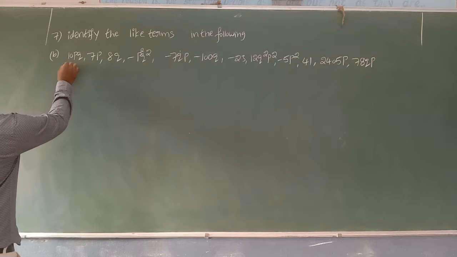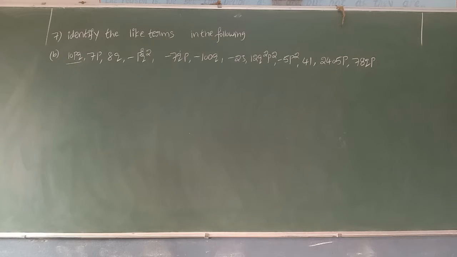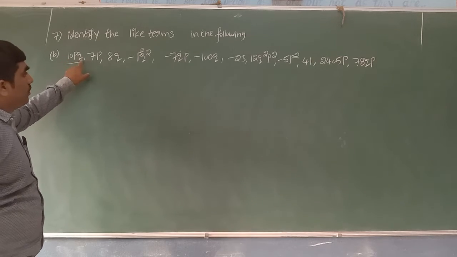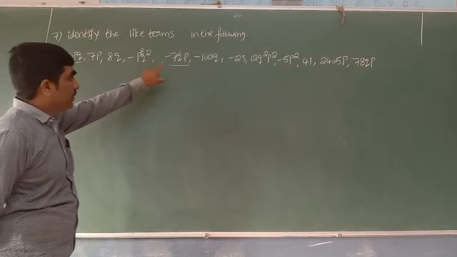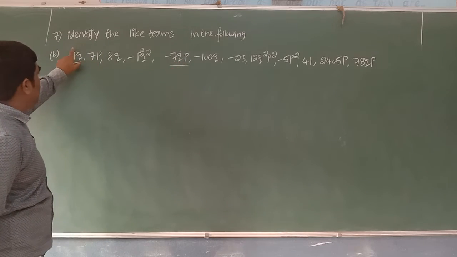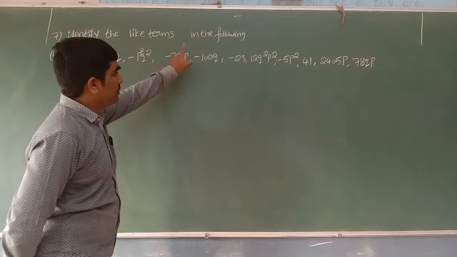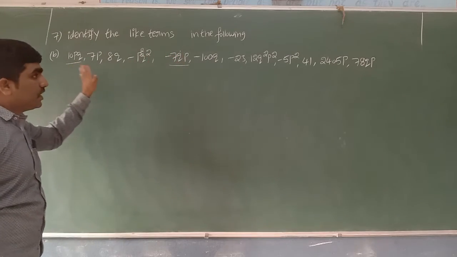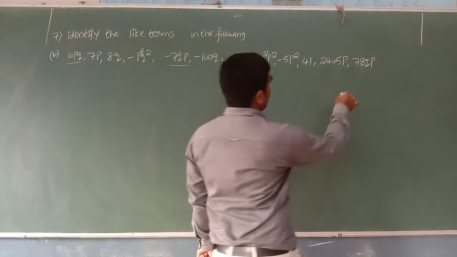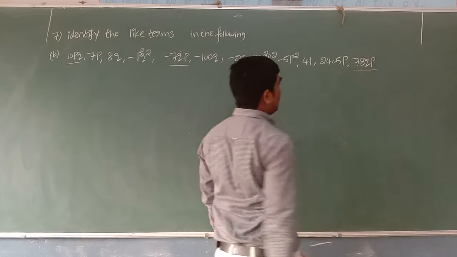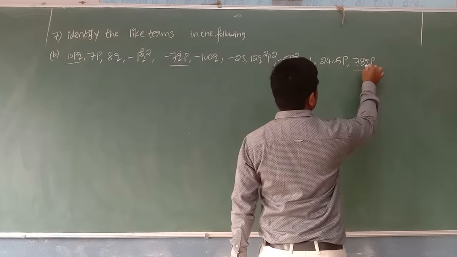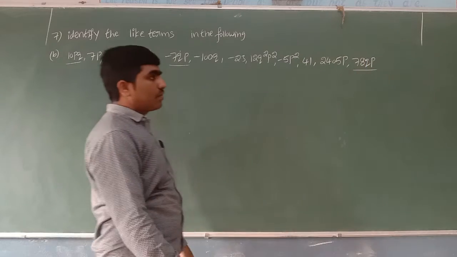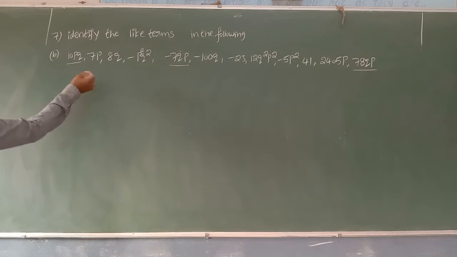10p cube is any term, like term 10p cube. pq we can write qp also, both correct only, beta. pq same variables and the powers are 1 1 1 1. These two are called like terms. Is any terms with pq? Yes, even here also you can see 78 qp. Sir, in that 78 qp also same variables with same powers. All these three are called like terms. We'll make a group.